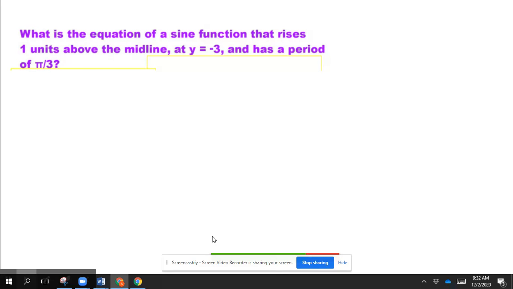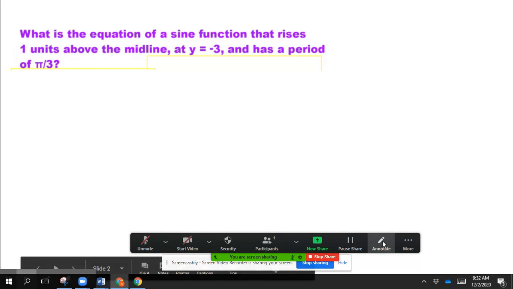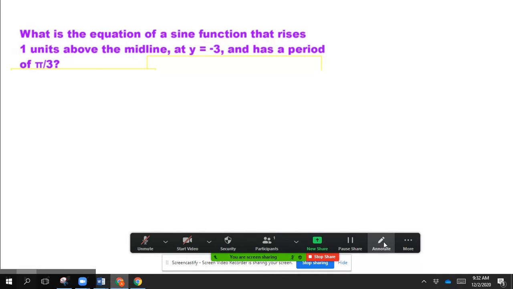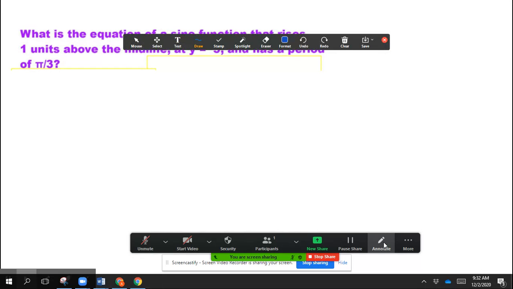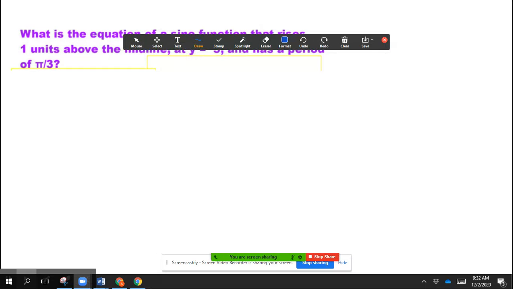Okay, the first question says, what is the equation of a sine function that rises 1 unit above the midline at y equals -3 and has a period of pi over 3? So we talked yesterday about the general form being y equals a sine bx, and then we had the midline as plus or minus d.